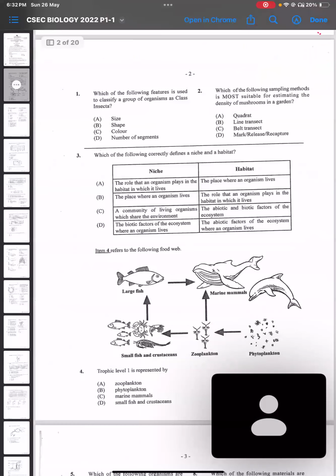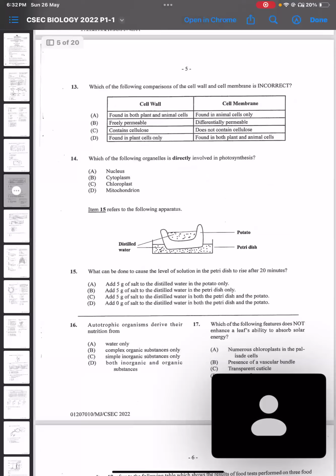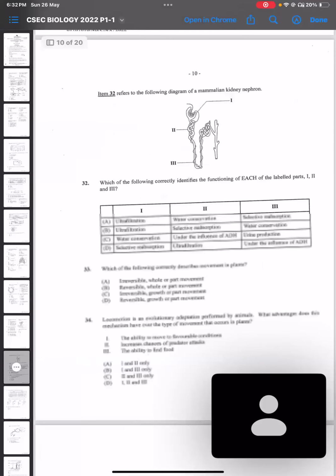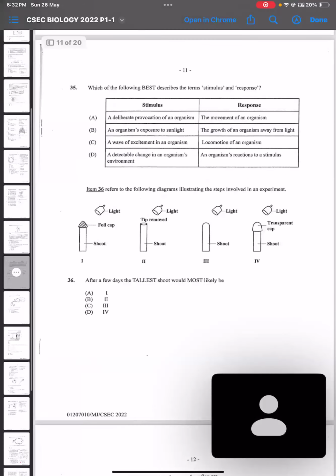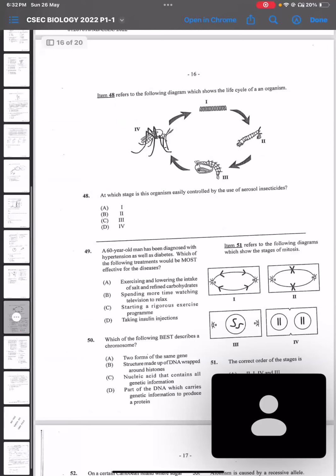For the 2022 paper, if you go through it, you will be surprised to see a lot of the questions that we've already done repeated with only a few new questions.